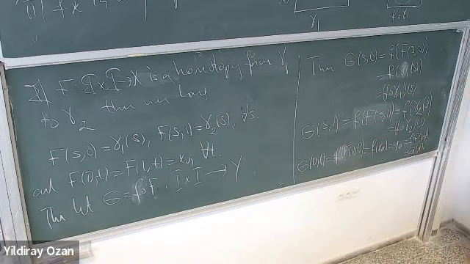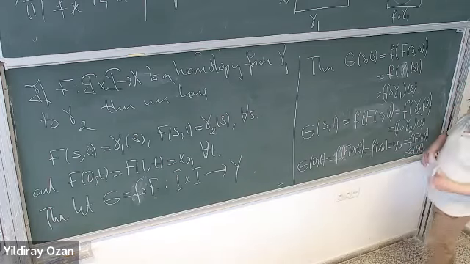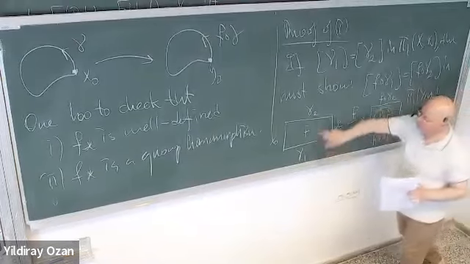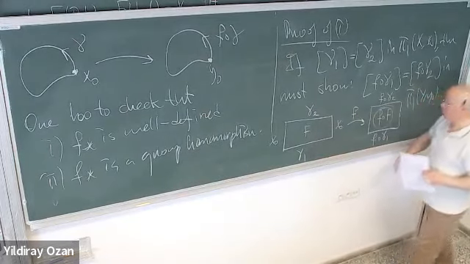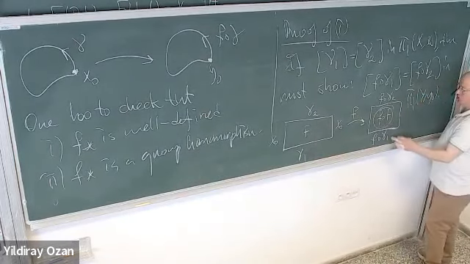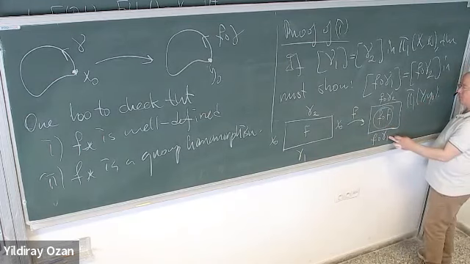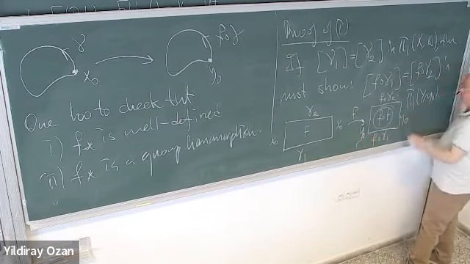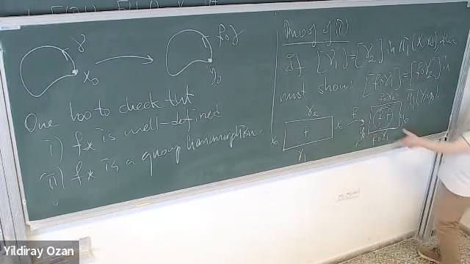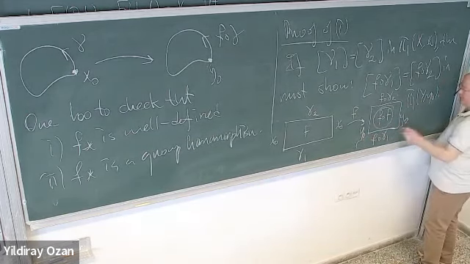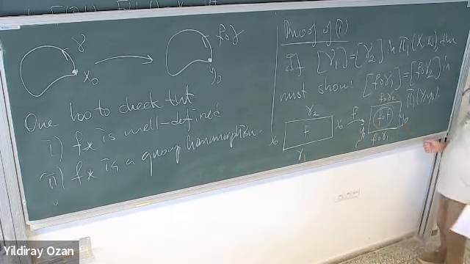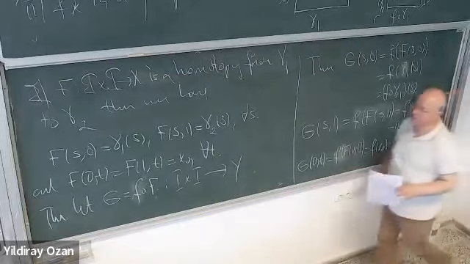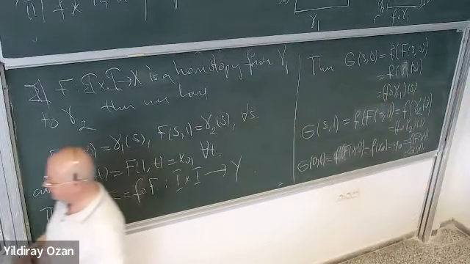Therefore, this shows that if F is a homotopy from gamma 1 to gamma 2, then this composition is a homotopy from this path to this path, where the endpoints are both y0, so they are loops at y0. So this shows that this map is well defined.